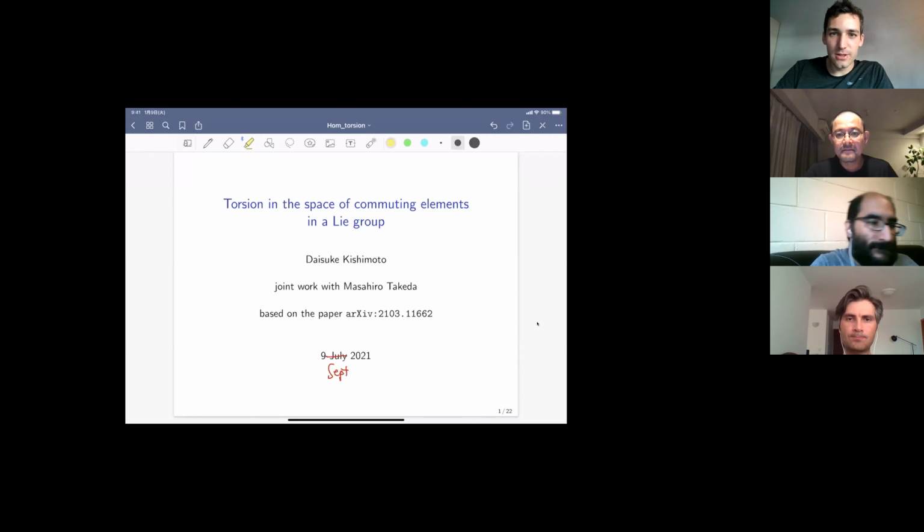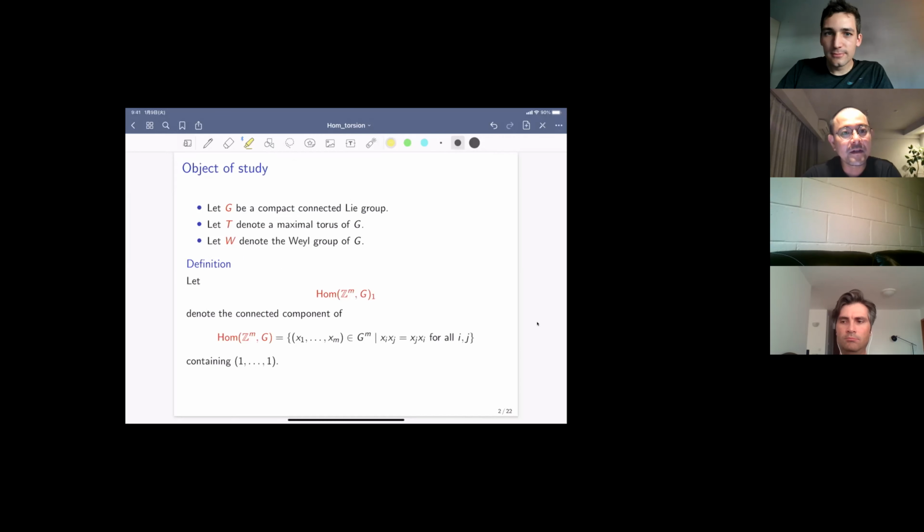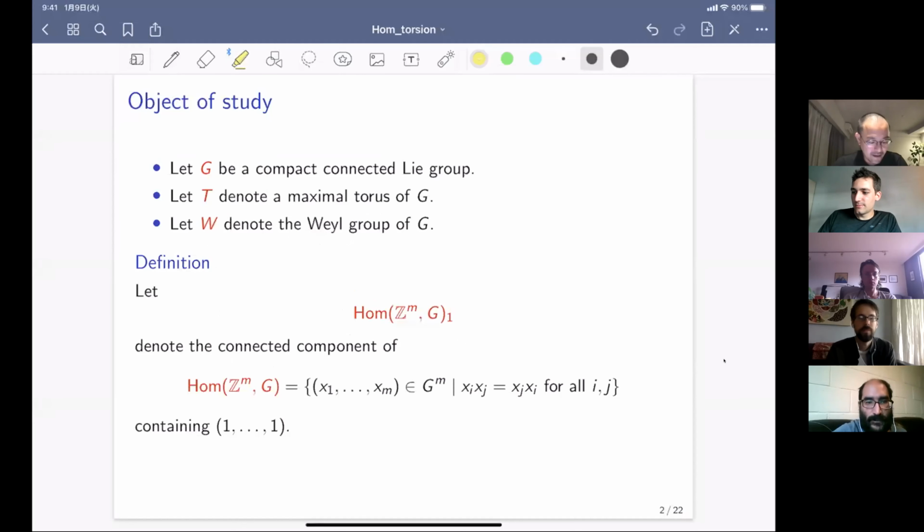Okay, so let's first fix notation. Throughout this talk, let G be a compact connected Lie group, let T be its maximal torus, and let W denote its Weyl group.